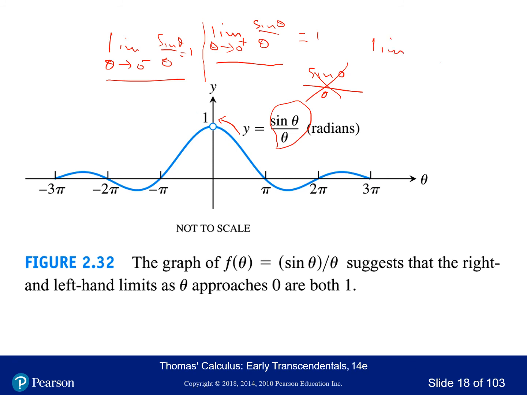We can say limit as theta goes to 0 of sine theta over theta must be equal to 1, because coming from the right, it's equal to 1, coming from the left, it's equal to 1. So limit as theta goes to 0 of sine theta over theta must be equal to 1. Okay.